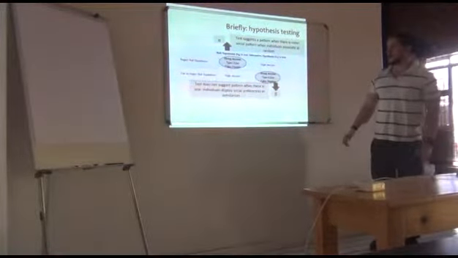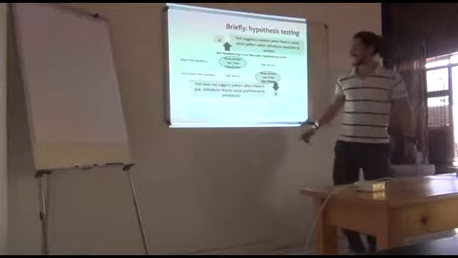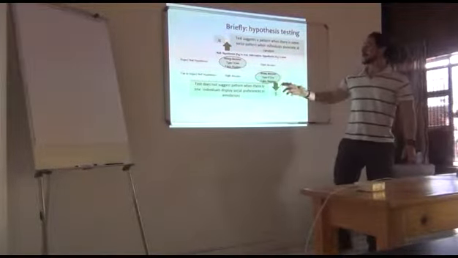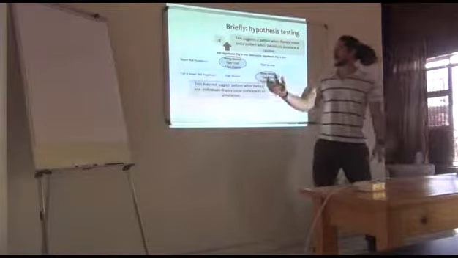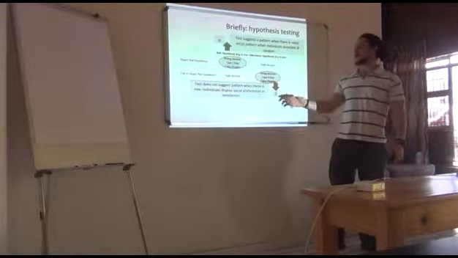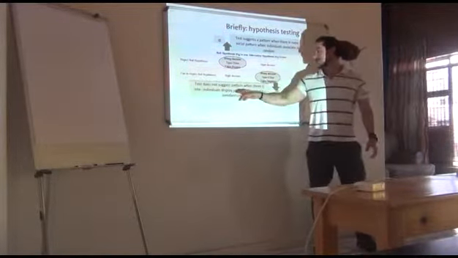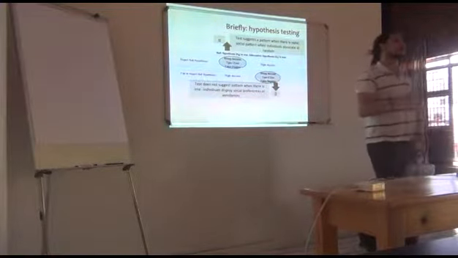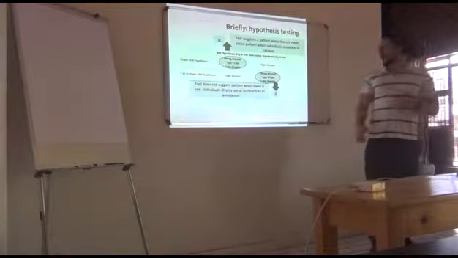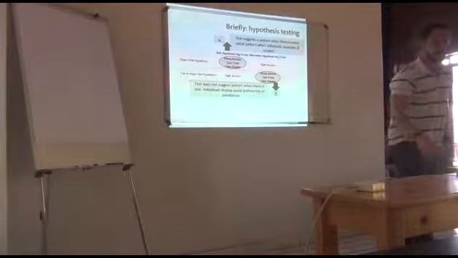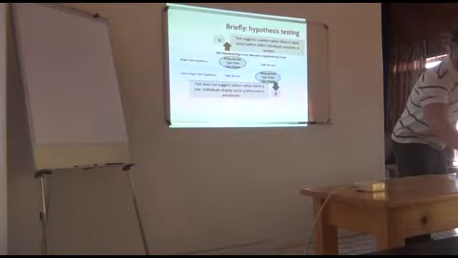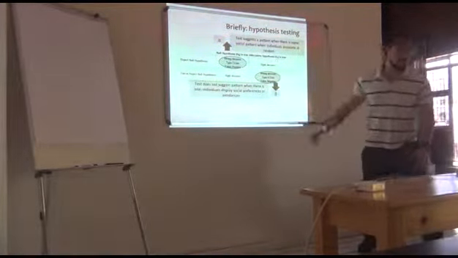So, the test does not suggest a pattern when there actually is a pattern. Individuals do display social preferences or avoidances, but we are not able to detect that pattern. That's what we call beta.